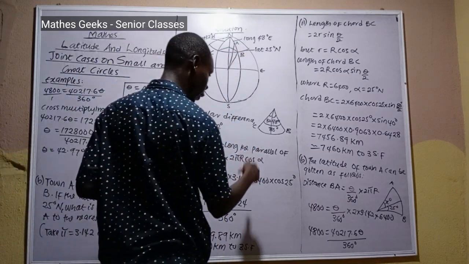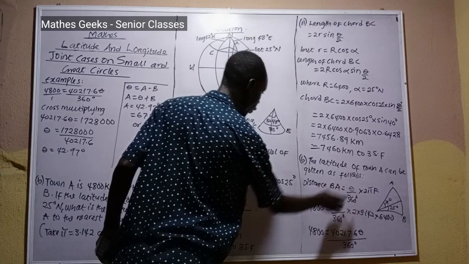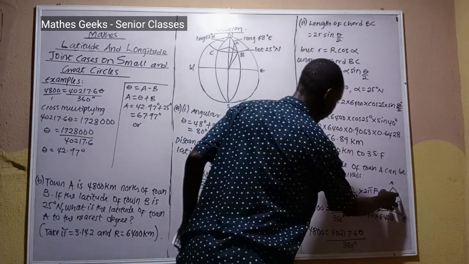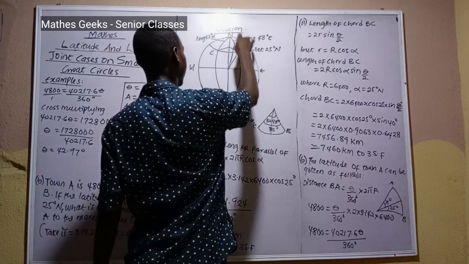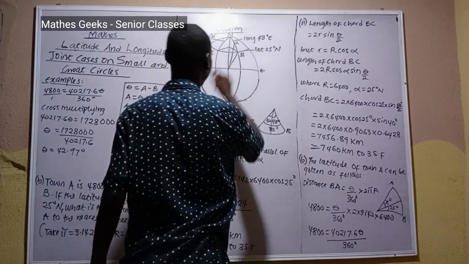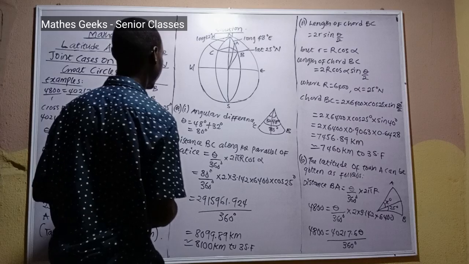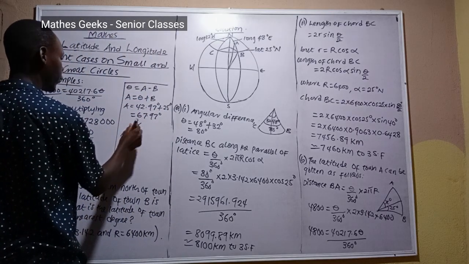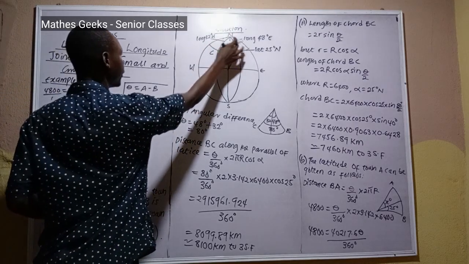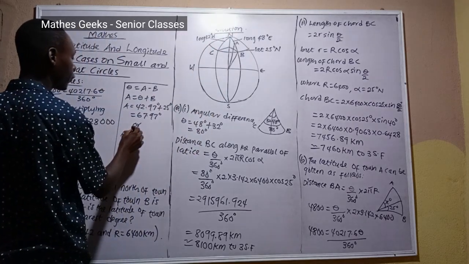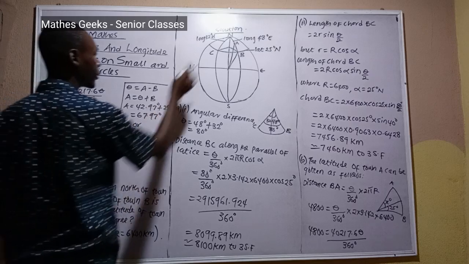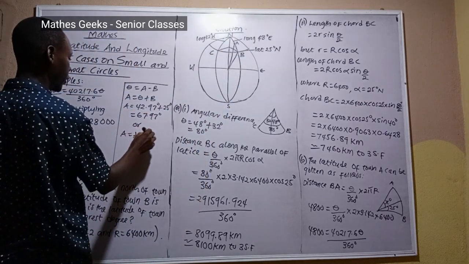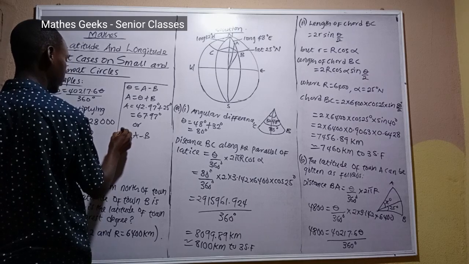Now, another way to do it: to calculate the angular distance, since this is 25 degrees and this is x degrees, and both are on the same side of the globe, we subtract to get the angular difference, B minus A, to get theta.